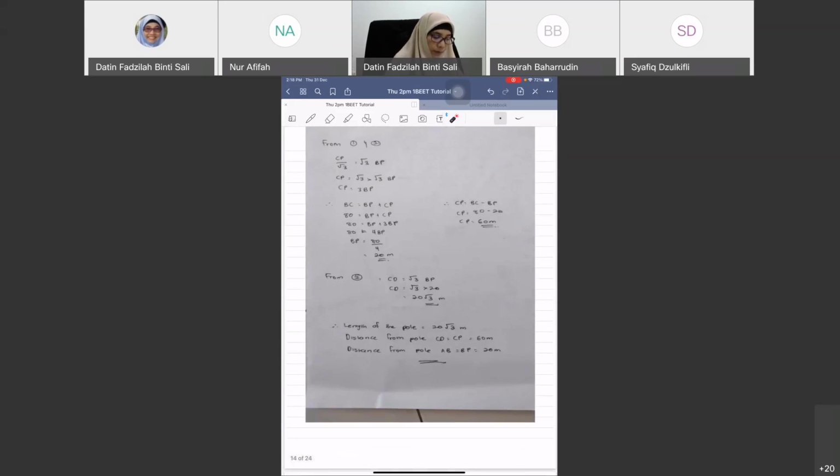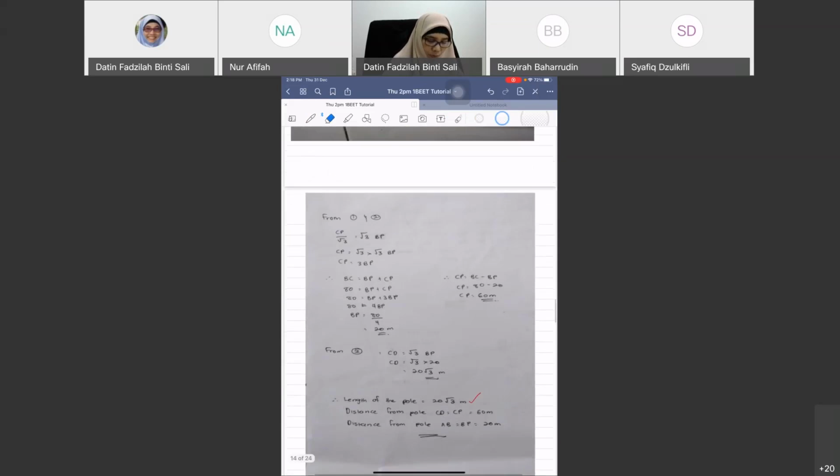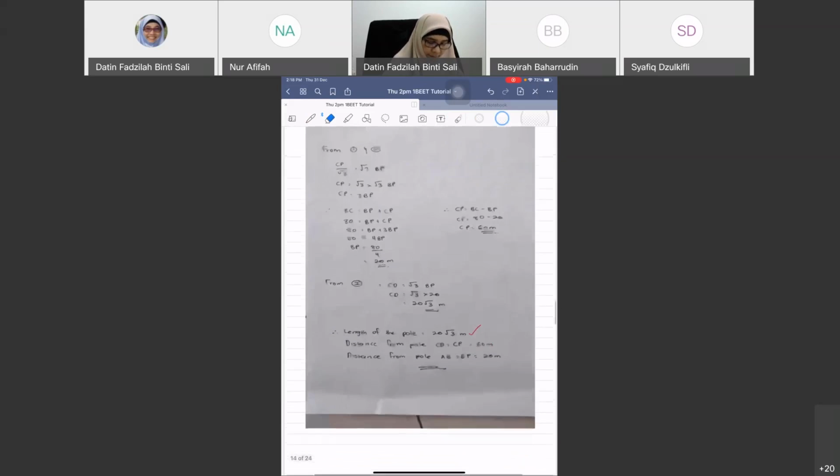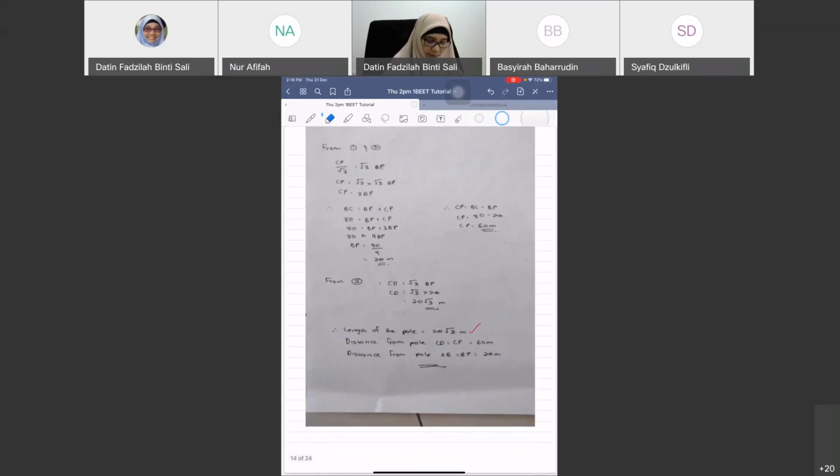So this is where the length of the pole is 20 root 3. And the distance from a point P in the middle, for this diagram to C, from P to C is 60 meters, and from P to B is 20 meters.